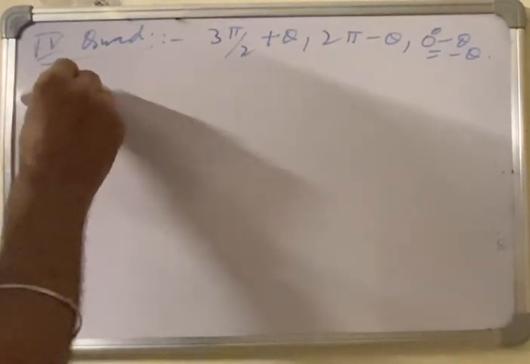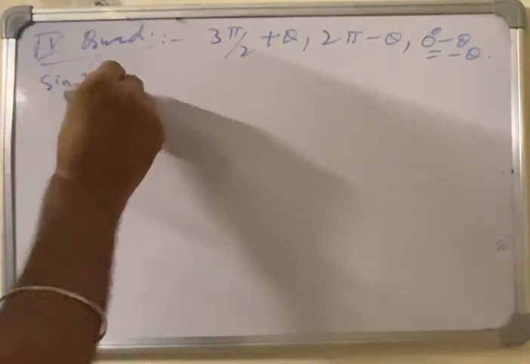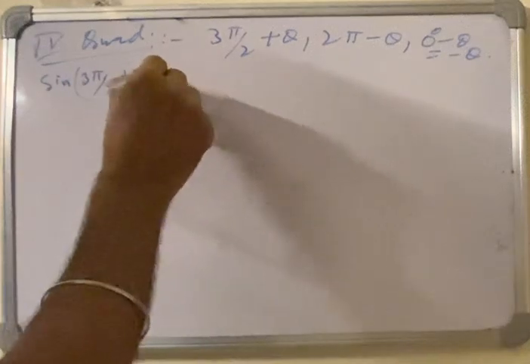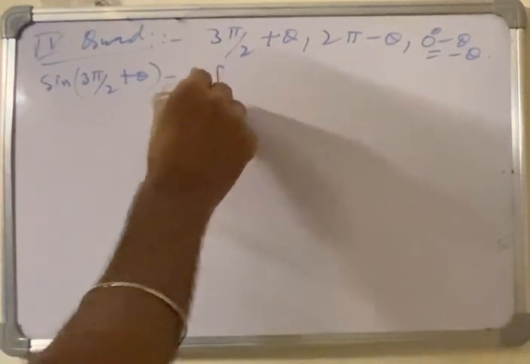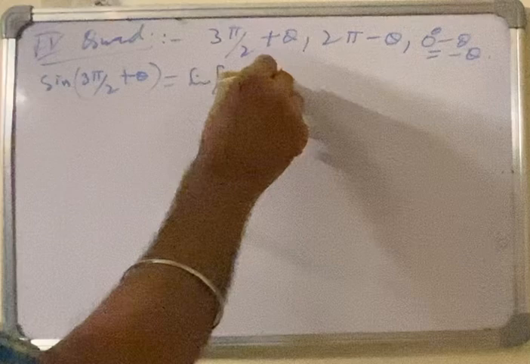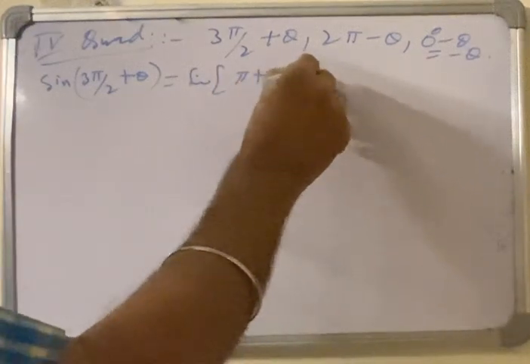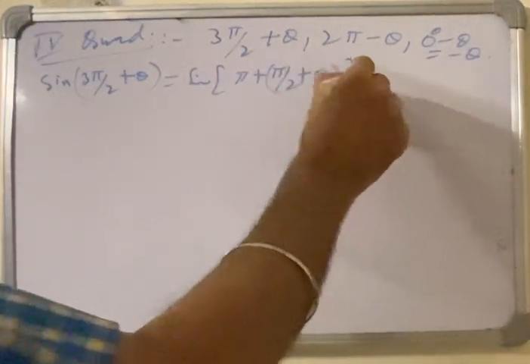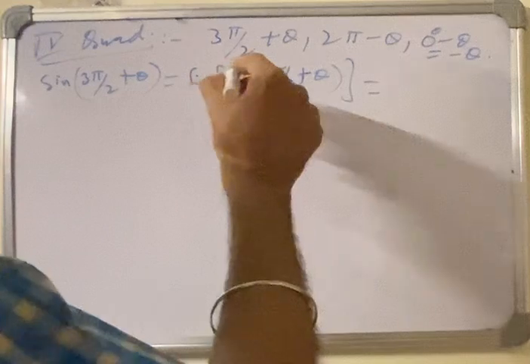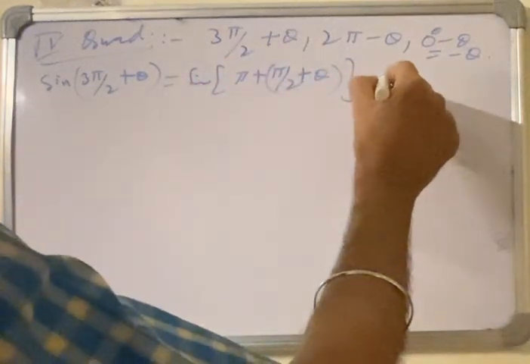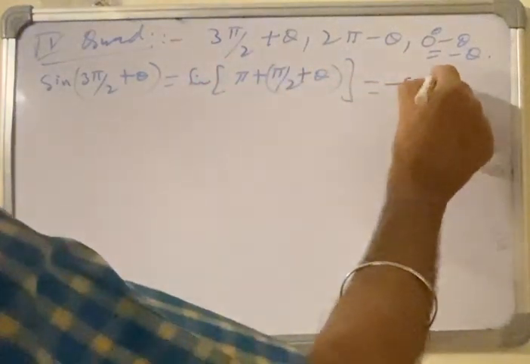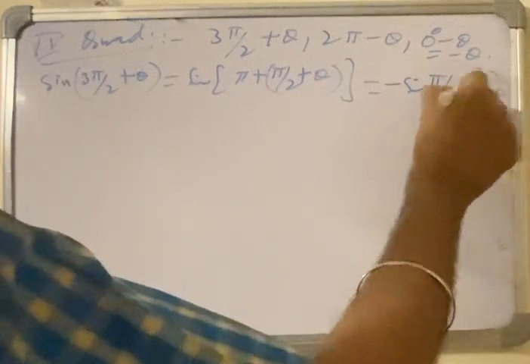Sine 3 pi by 2 plus theta, we can write it as sine pi plus pi by 2 plus theta, which is in the third quadrant, sign is negative, minus sine pi by 2 plus theta.